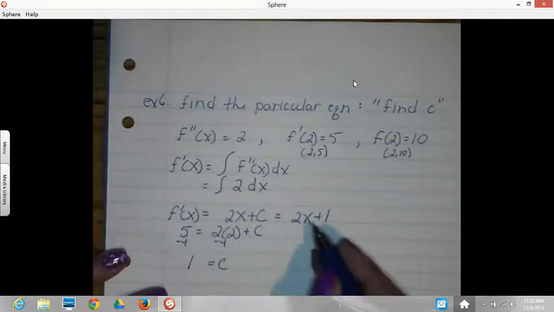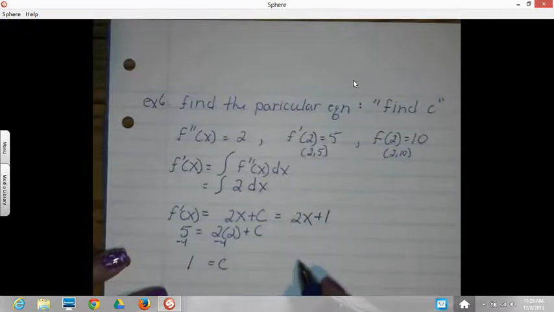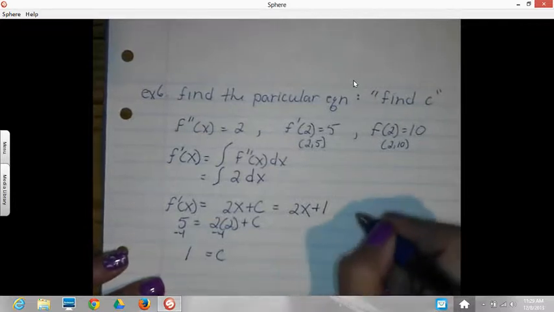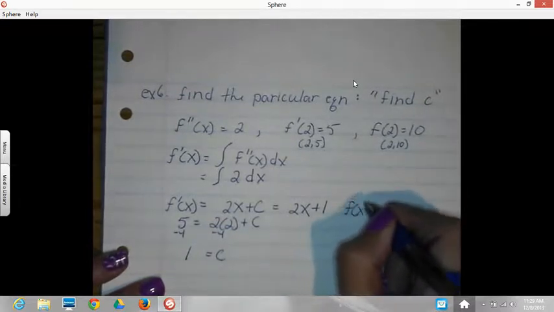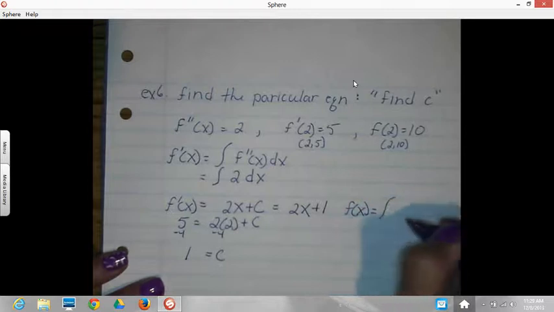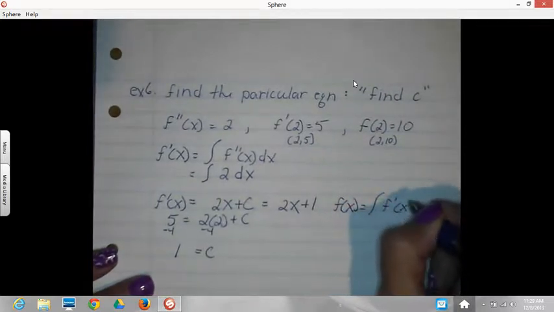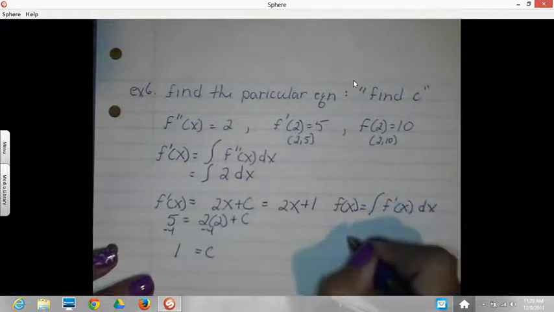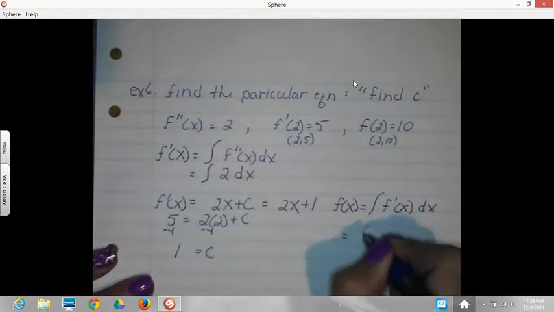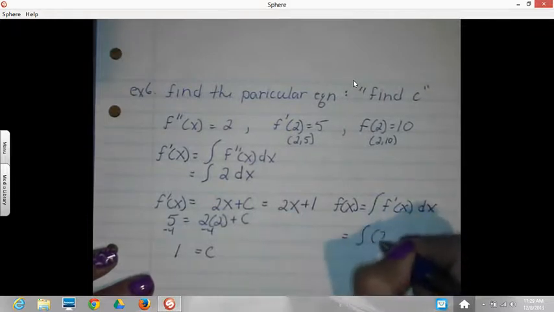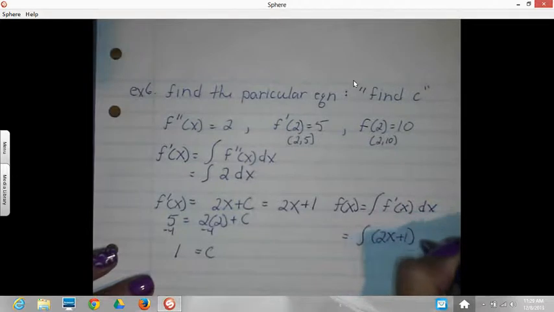Now if I do the antiderivative again, I'll be back at f of x. So f of x will equal the antiderivative or the integral of f prime of x dx. So the f prime of x equation we just found was 2x plus 1 dx.